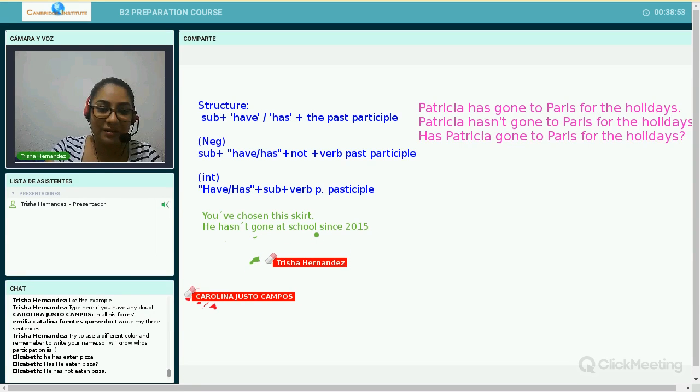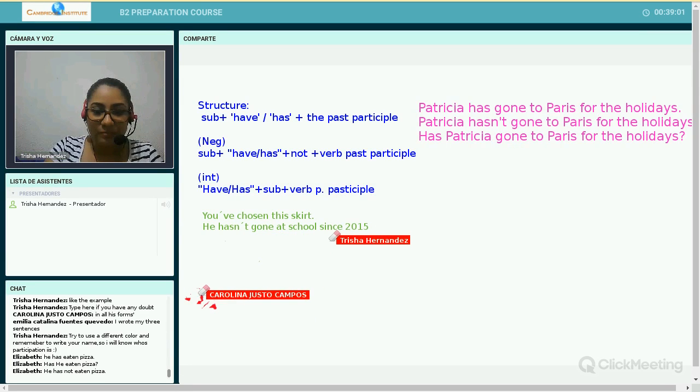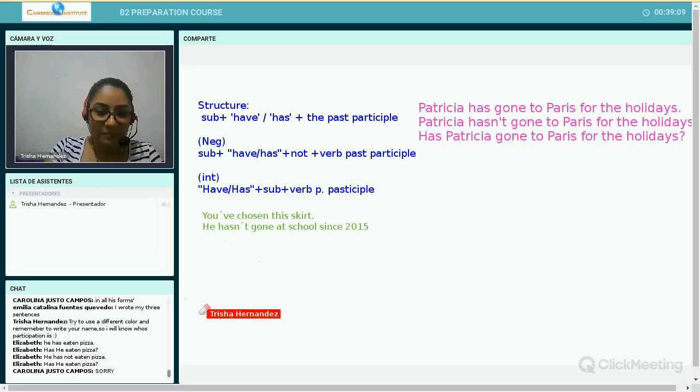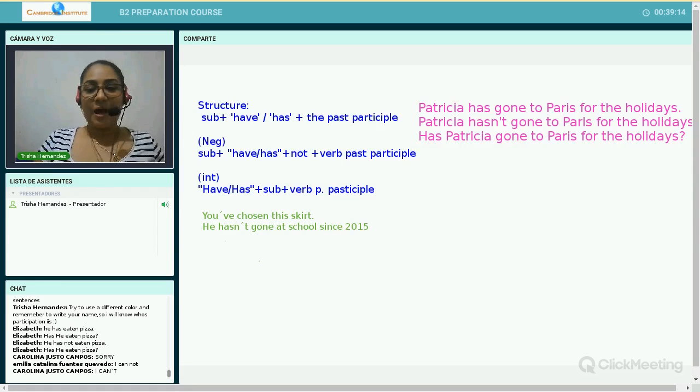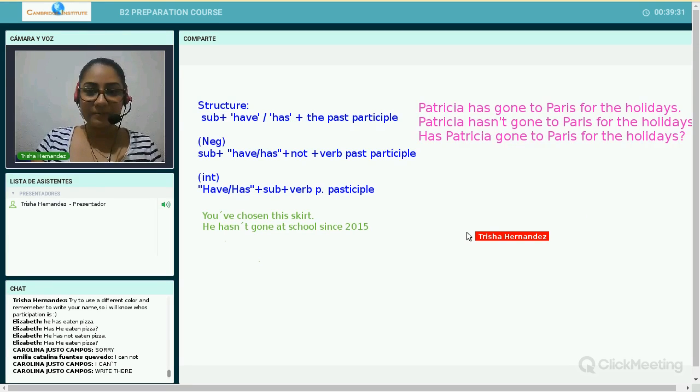I'm going to try to erase the letters that are here. Yeah, don't worry, Carolina. Just type your answers. You're learning to use this. This tool is for you to type all together, to work together at the same time. You just have to click on the T, change the color, and start writing your sentences.